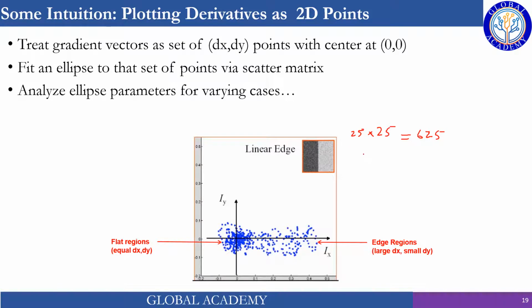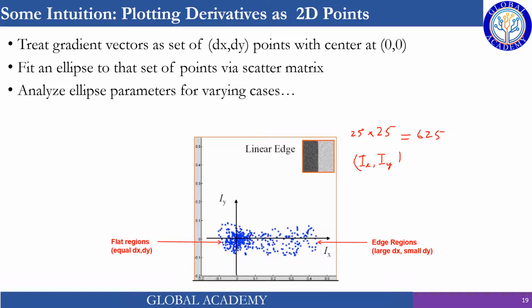So you will get Ix and Iy for each point. Say you have computed the derivative along the x-axis and y-axis at this point, then you will get a coordinate pair Ix and Iy. You can plot this coordinate pair on this graph as a dot. Just place a dot over here and so on. Keep putting dots.